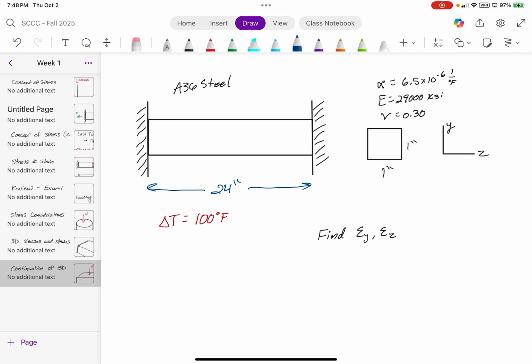Those are both calculating the deformation here. So actually, I'm going to reword this and use delta because it represents position.